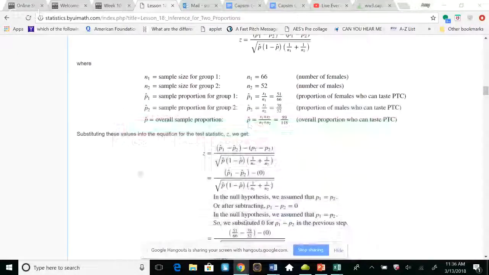Oh, okay. That's maybe why all my formulas weren't loading. So, the overall sample proportion, hold on. Let me share my screen real fast. So this thing right here, the overall sample proportion where you do x1 plus x2 divided by n1 plus n2.